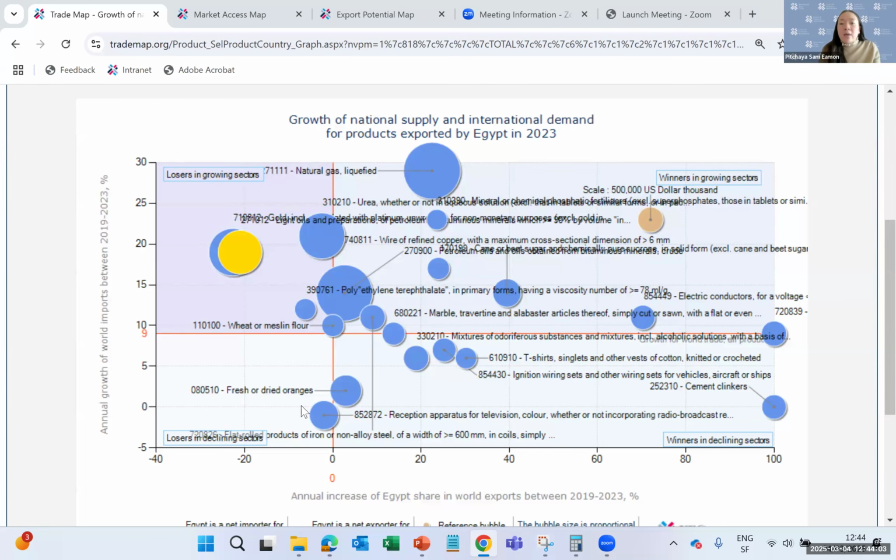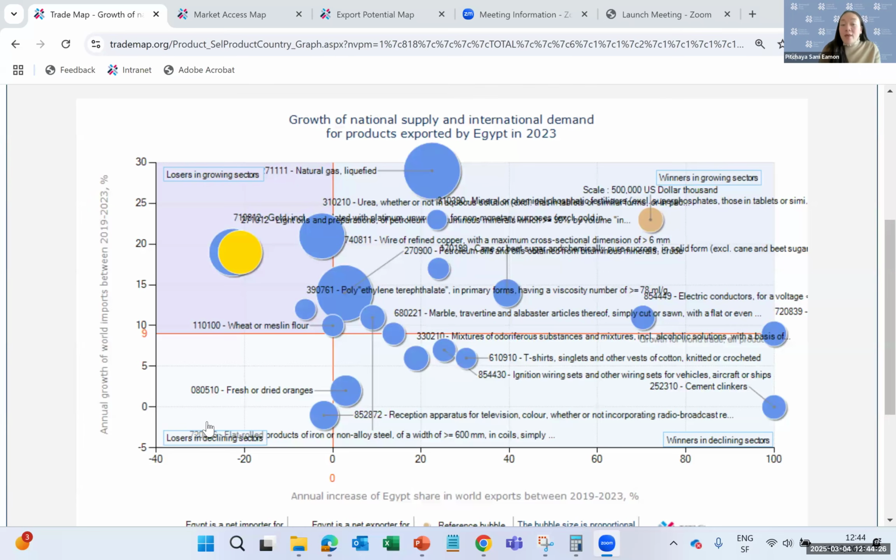For example, they might choose to promote a product that is located in this quadrant because they are currently losers in growing sector and they want to accelerate that export to meet the world demand. And they could also invest in the winners in growing sector so they can continue to champion that export.